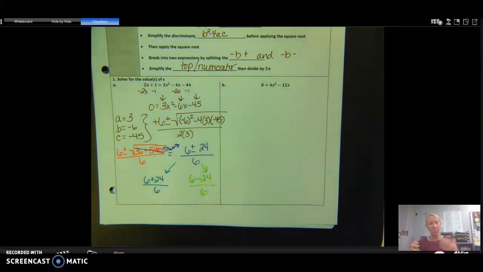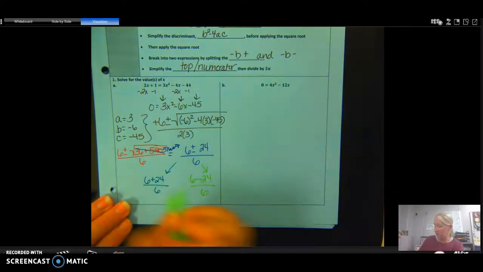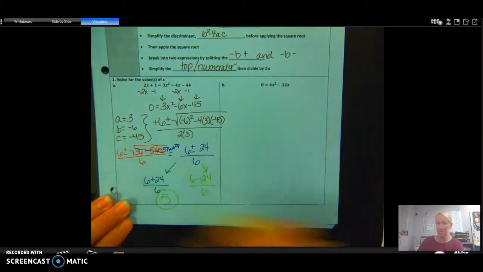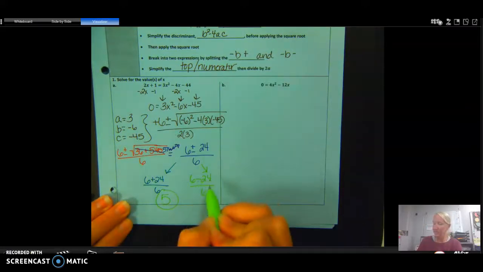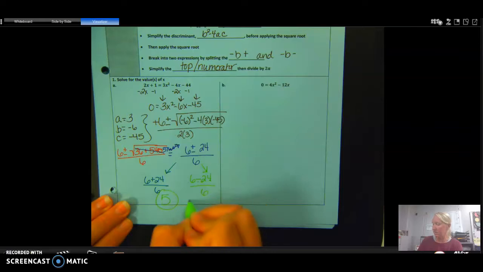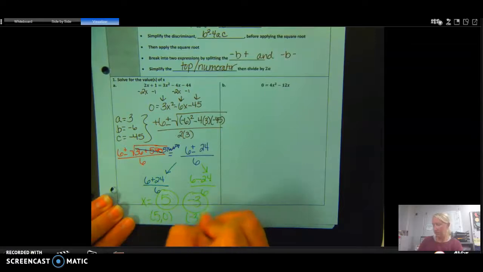To solve what looks like fractions, we always do what's on top, then divide by the bottom. So 6 plus 24 is 30. 30 divided by 6 is 5. So that's one answer. 6 minus 24 is negative 18. Negative 18 divided by 6 is negative 3. So x equals those. Remember, as points, it's 5, 0, and negative 3, 0.